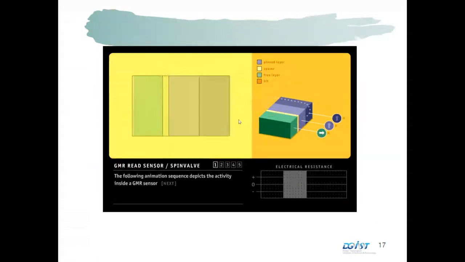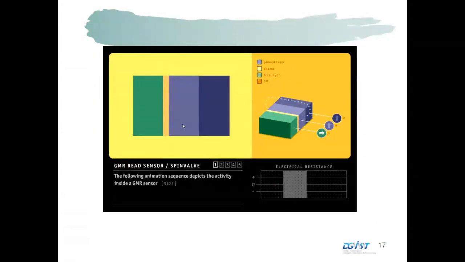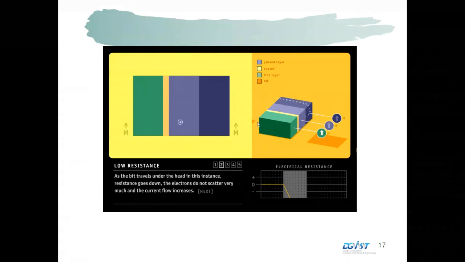Okay, so what happens in this GMR sensor? They consist of 4 layers, and all the layers are materials, and also they are metallic. So there is some moving charge, and when the magnetization direction is parallel, the charge is moving very easily.